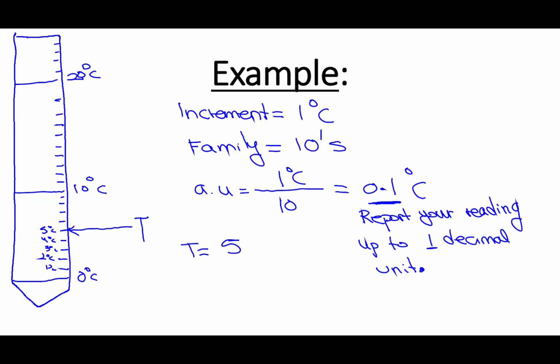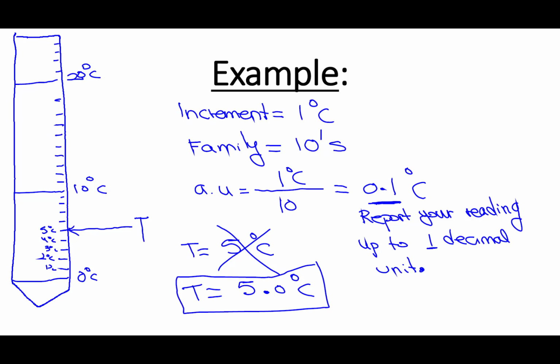If you say it's 5 degrees Celsius, it will be wrong. Why would it be wrong? Because you're not following the absolute uncertainty that you calculated. Your reading has to be reported up to 1 decimal unit, which means the temperature is 5.0 degrees Celsius. Okay, and that's how it works.